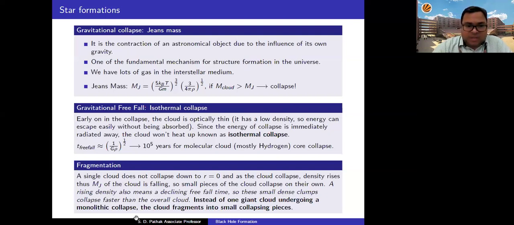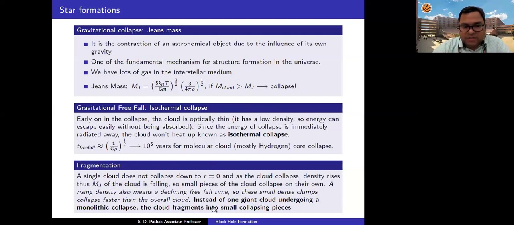The same thing happens if a big cloud or interstellar medium starts to collapse: the small patches will collapse very fast, right? As you can see, R is equal to 0, the cloud will start to collapse and density will increase. Ultimately, when the Jeans mass condition holds and collapse starts, the small patches collapse first in comparison to the overall interstellar medium.